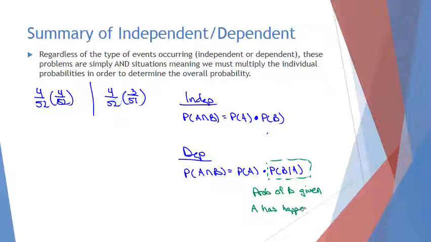So that's where our 3 over 51 would come in, right? It's a little bit different. In the other one, it was still 4 out of 52 because we replaced the card, but in the dependent, we didn't replace the card, so that notation just kind of helps remind you of it. So really, we're just multiplying our probabilities. Whether you use those formulas or not, that is up to you.